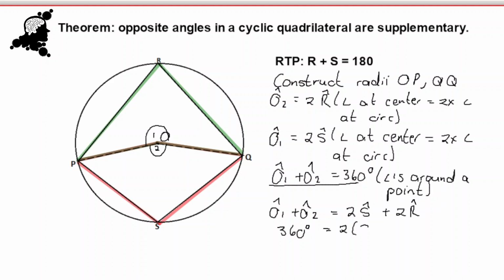Let's take out the common factor of 2. We just remain with S plus R. From here, we can divide both sides by 2. Then we know that 360 degrees divided by 2 will give us 180 degrees. We could say that 180 degrees is equal to S plus R. And that's exactly what we were supposed to prove in the first place.